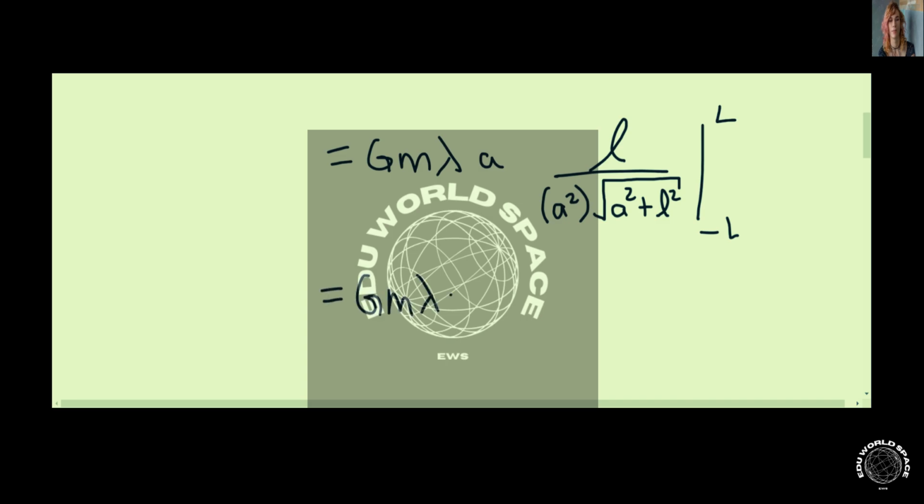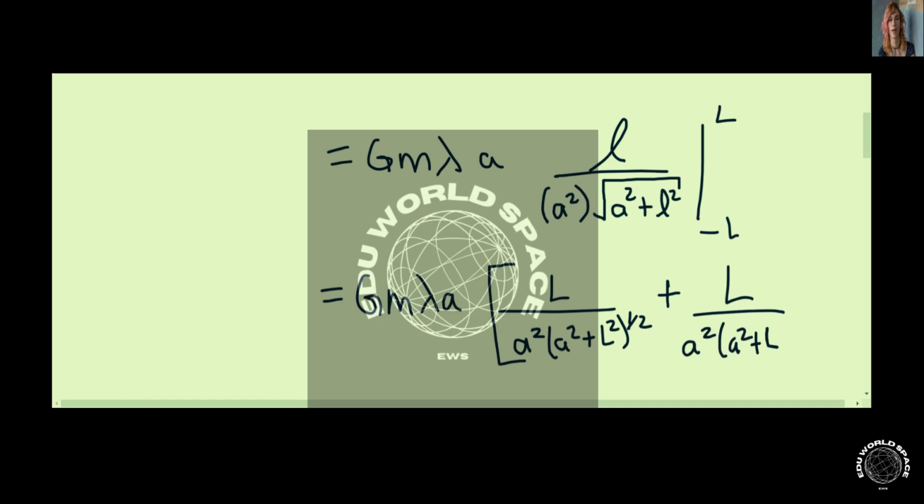So here we go. So L, summing in L, and then we've got A squared plus L squared to the 1/2. Minus minus, right? Minus minus when we substitute in the minus L. So minus minus becomes a plus.